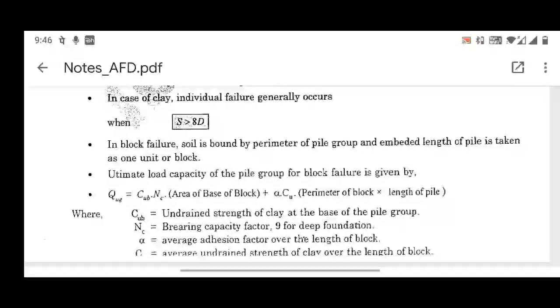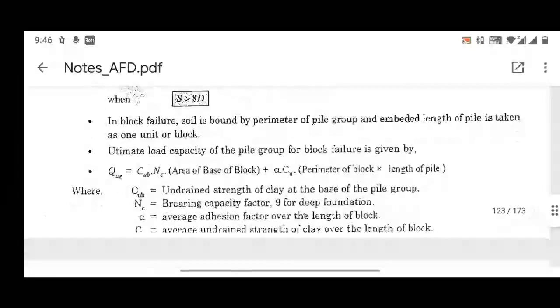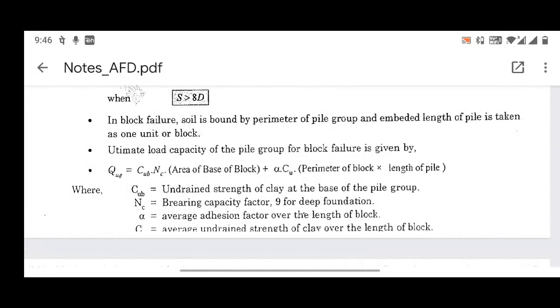Nc refers to the bearing capacity factor that I have already explained, that we have to take Nc value. Alpha refers to adhesion since we have different materials. Cu stands for the average undrained strength of clay over the length of block. So alpha Cu is then multiplied by the perimeter of block into length of pile.